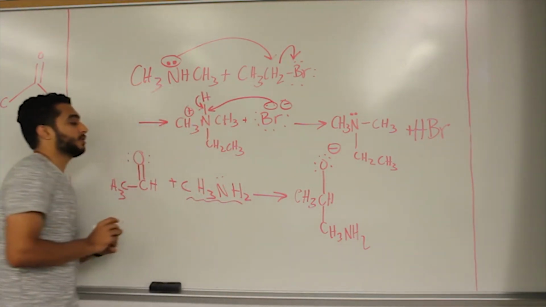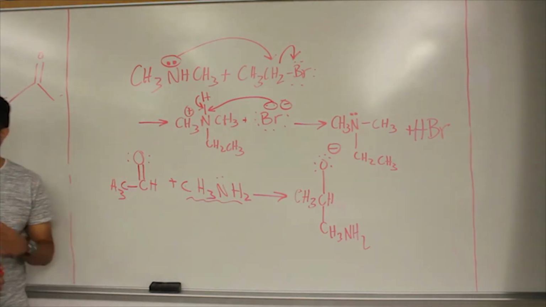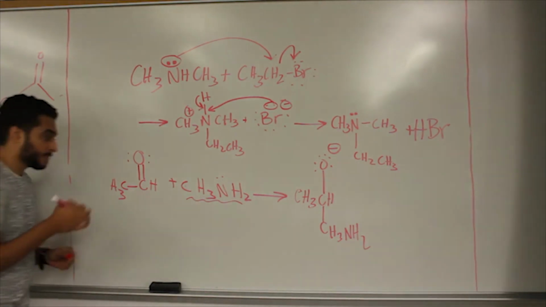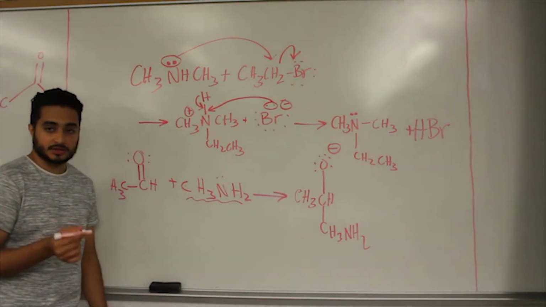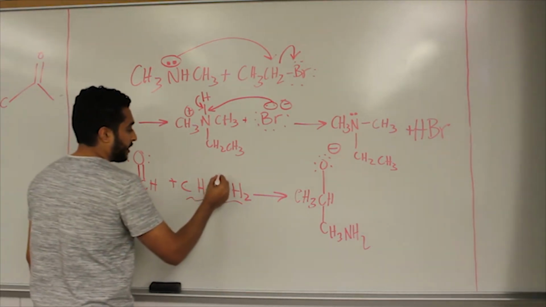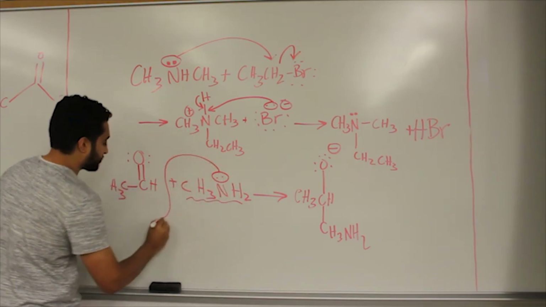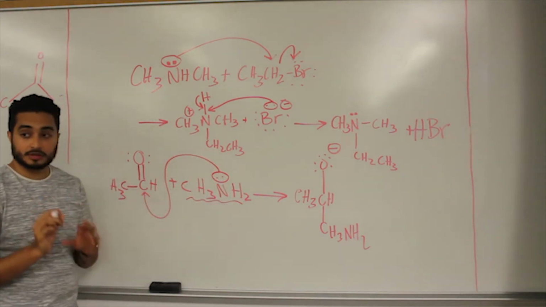You haven't learned this yet, but most of the time when you have a carbonyl, there's a reaction called the Grignard reaction, which you're going to learn in the second and third test, where you have lone pairs that come and attack the carbonyl carbon.